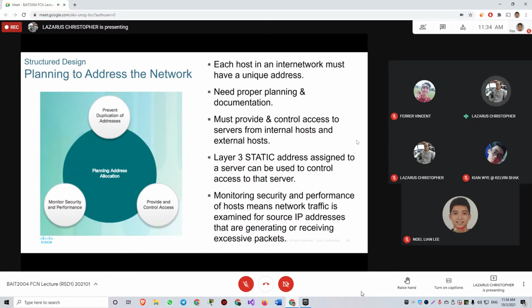Because hosts that provide services, once you assign the address, you should make it as permanent as possible. Otherwise you need to go to each client host that can access that service, like a printer, for example, and you don't want to keep changing the setup.